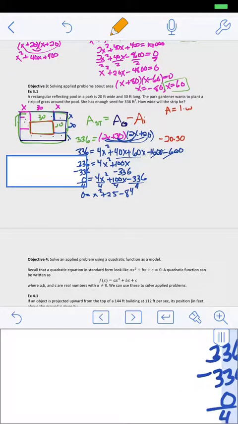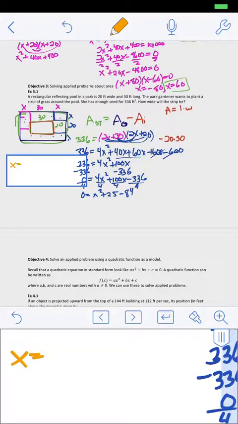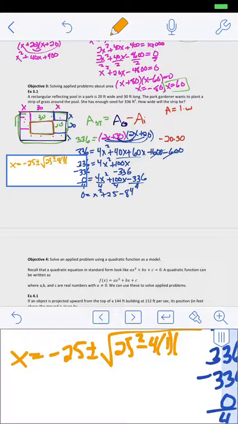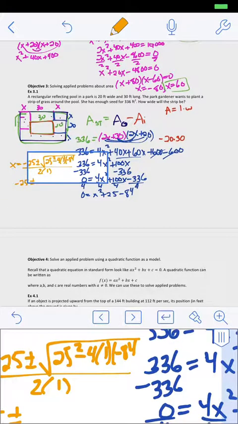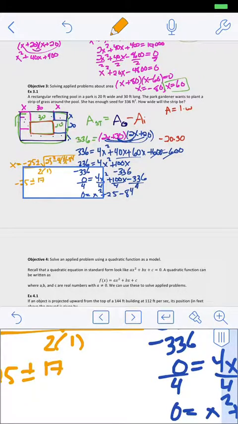I think I'll use the quadratic formula. x is equal to minus b plus or minus the square root of b squared minus 4ac, with negative 84, all over 2a. Negative 25 plus or minus, let's see, 25 squared is 625 minus 4 times 84 leads me to 289. The square root of 289 is 17. Plus or minus 17 over 2.